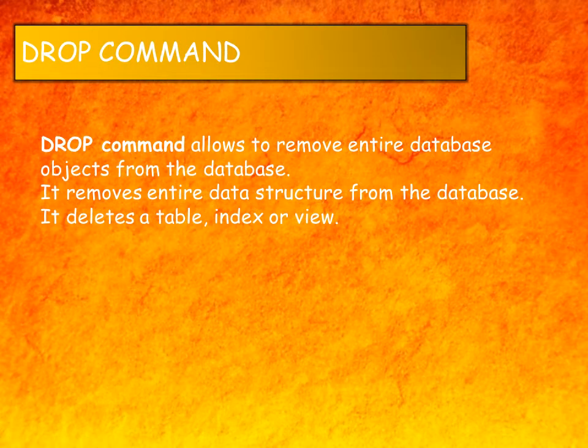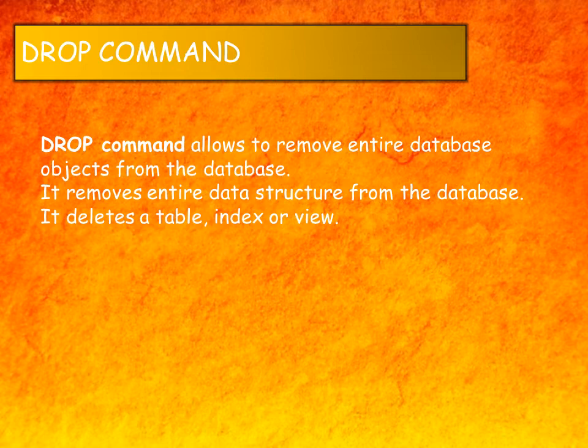Next, we have the drop command. The drop command is used to remove any object from the database. Whenever you use the drop command to drop a table, or we can say to delete a table, all the rows in the table will be deleted and the table will also be removed from the database.